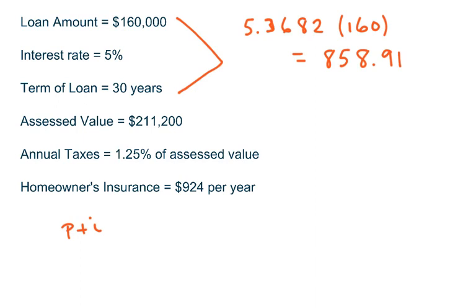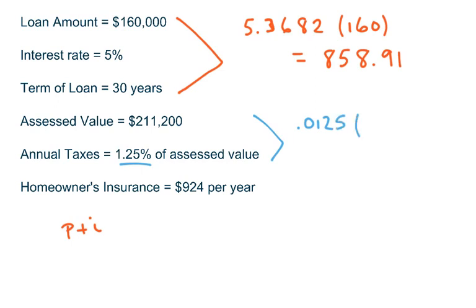The next thing we want to take a look at are the taxes. There are two things that factor into taxes, and that's the assessed value and the tax rate. Here we're going to pay annually 1.25% of that assessed value. So we want to convert this 1.25% into a decimal, and that's going to be 0.0125.